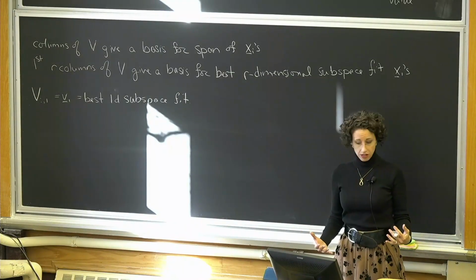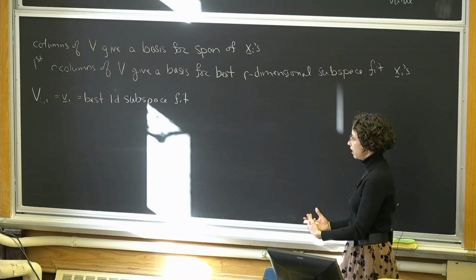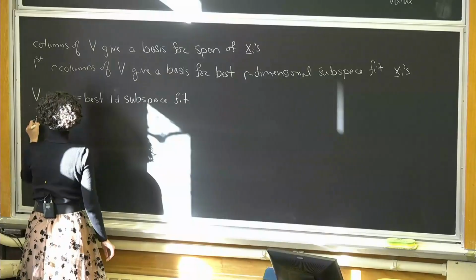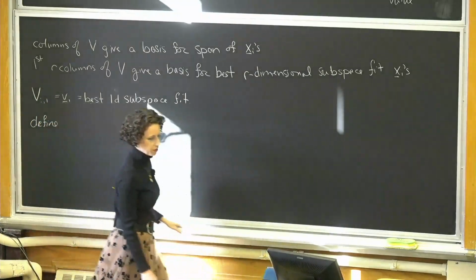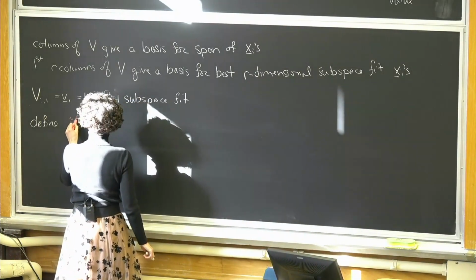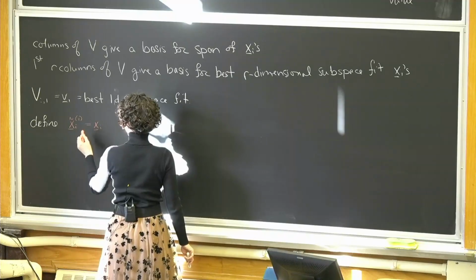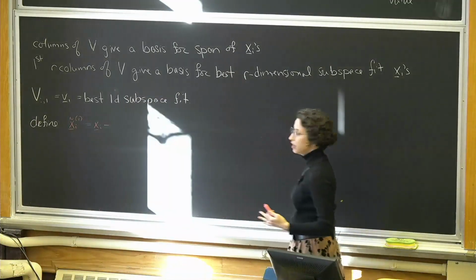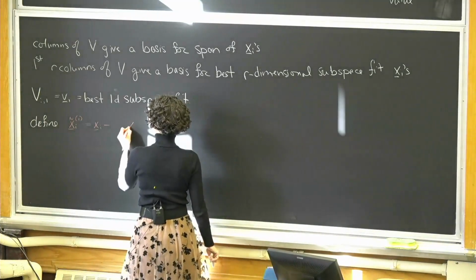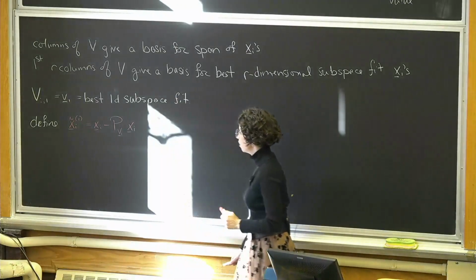Once I have that 1D subspace fit, I can see what is not represented by that subspace within my xi's. So I can define, I'll use a new color for this, xi tilde, for my first round, as being the vector xi minus everything that's already represented by this 1D subspace. I take this point xi and project it onto the subspace spanned by V1.